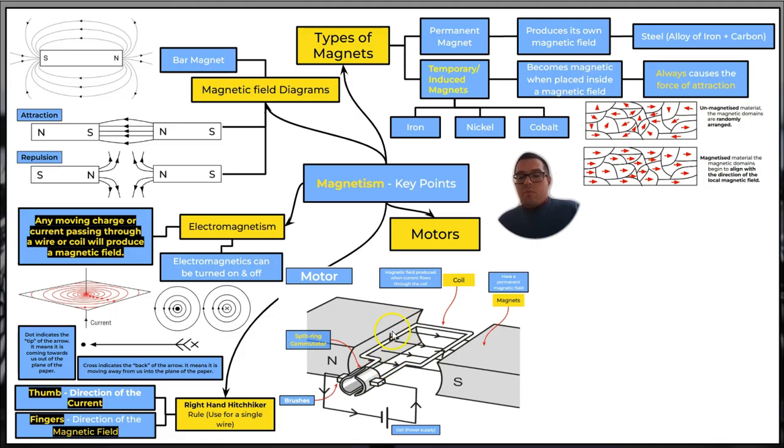Now, one feature that's important here is the end, which is called the split ring commutator. At the end of it, we have this ring which has got this gap in the middle. That's the split element of it, the split ring, and it's connected to these brushes. The role of the split ring commutator is that it means the coil of wire can keep spinning in the same direction. A bit like if you turn your hand over, you can only go so far, because your hand doesn't have a split ring commutator.